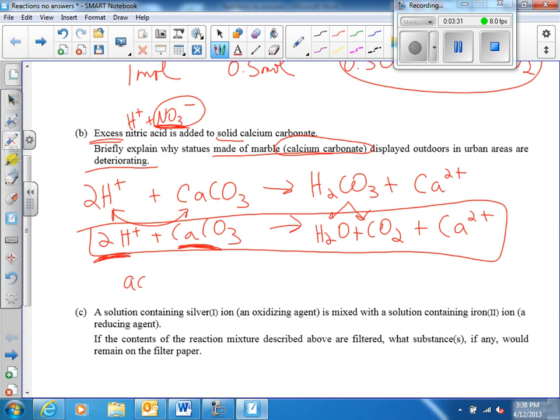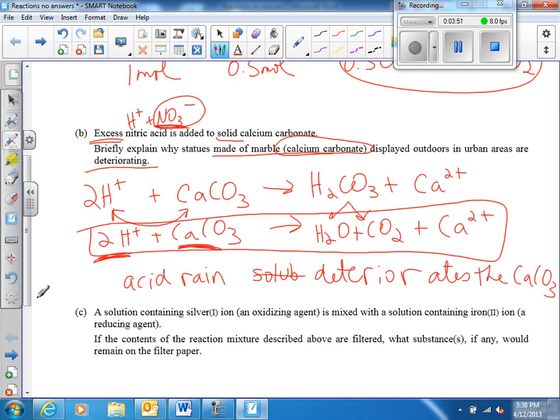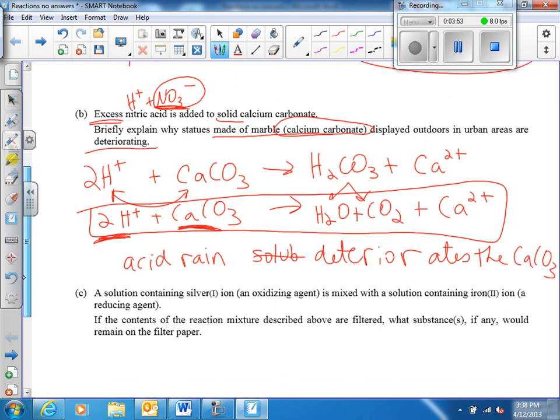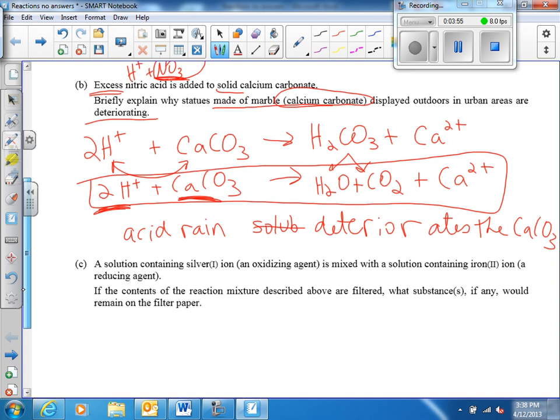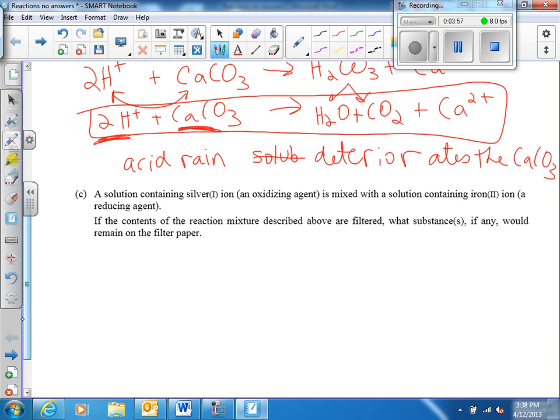You say acid rain solubilizes, or acid rain deteriorates, or dissolves, deteriorates the calcium carbonate. Or acid rain reacts with the calcium carbonate in the marble, and it turns it into water and carbon dioxide. Anything like that will do.